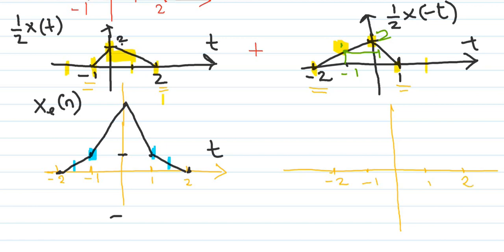Okay, now at -2 the value here is 0, the value here is 0, so 0 minus 0 will give me 0 here, so it will be the same point here. Okay, next thing is at -1 the value here is 0 minus 1, so 0 minus 1 will give me -1 here.